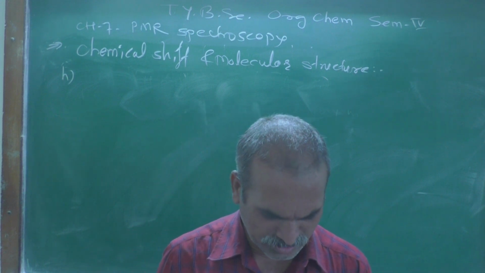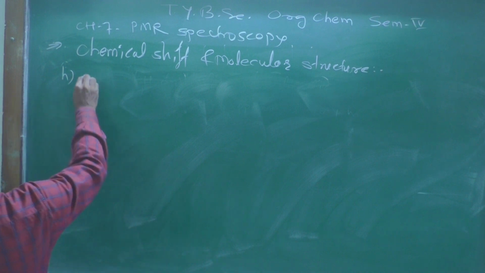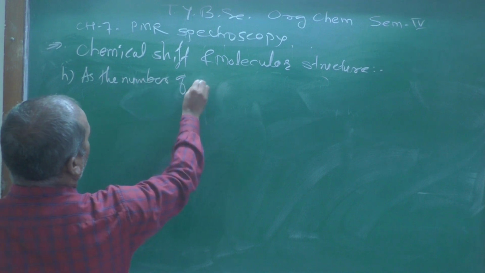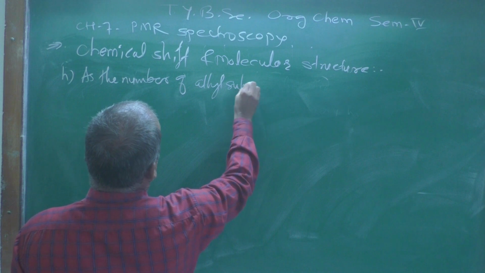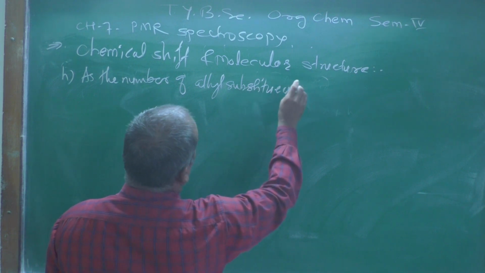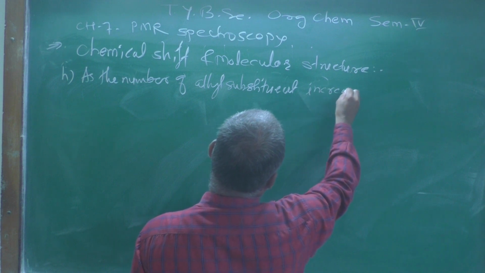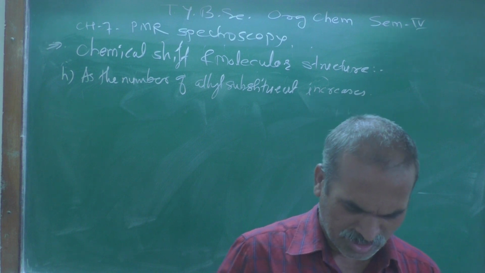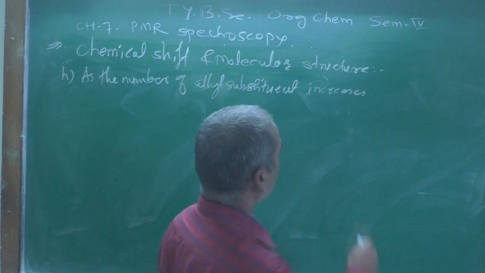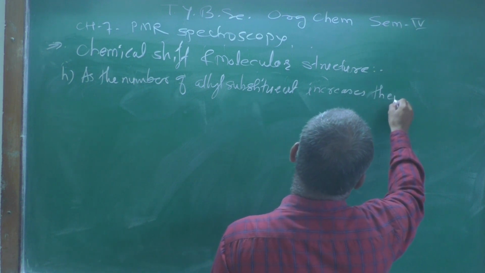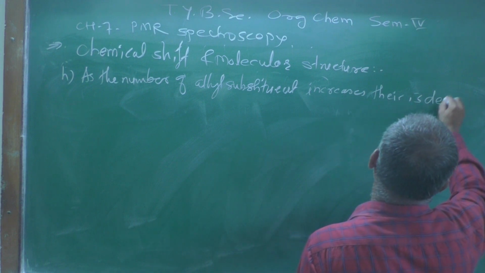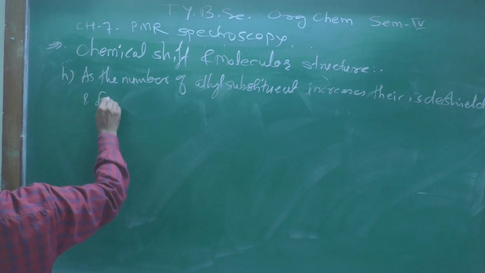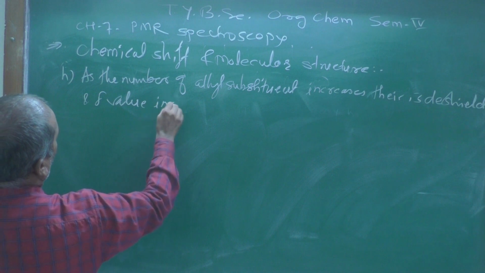As the number of alkyl substituents increases, there is de-shielding and the delta value increases.